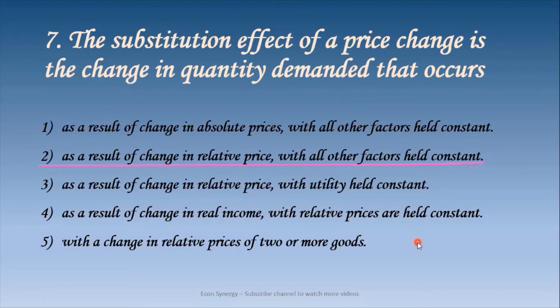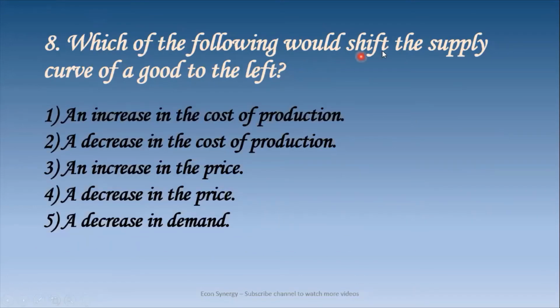The next one. Which of the following would shift the supply curve for a good to the left? What are the determinants of supply? Here again I will draw a diagram. The supply curve should shift to the left.